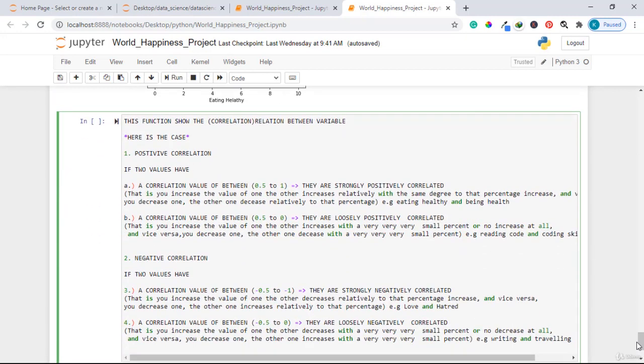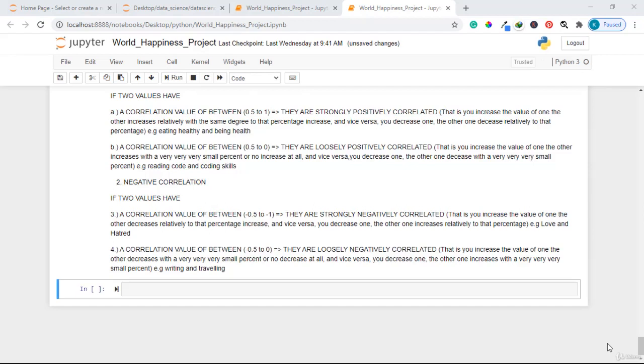in building our model. So you might be wondering, why should you even use correlation while building our model? The first reason is that we want our model to be as accurate and as perfect as possible. And number two, we don't want to include those attributes which are not related to the factor that we are looking for. For example, in our case, we are building a model that will predict the score of happiness in the world.